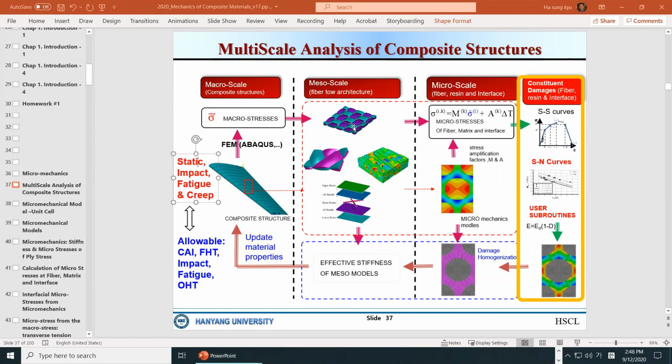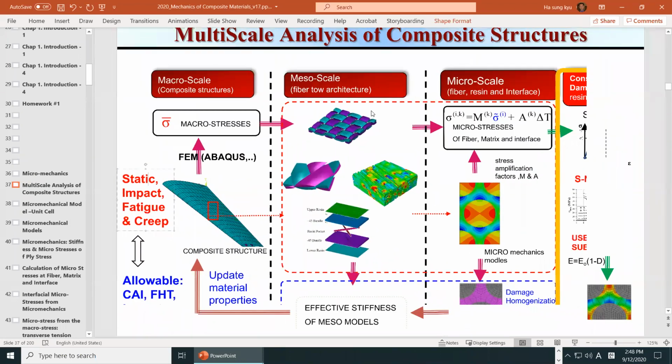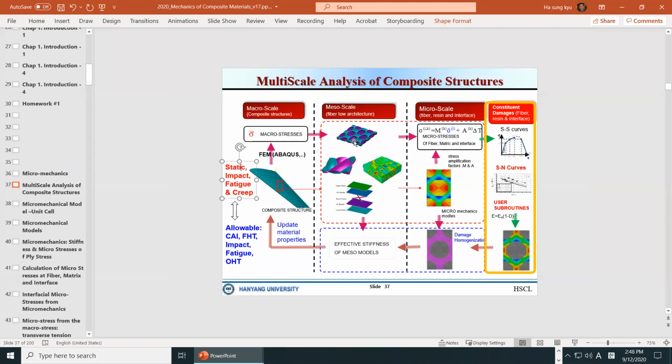This is called the mesoscale, and the microscale is just one fiber. Then we can get the stresses at the fiber and matrix, and now we have a stress-strain relationship of the fiber and resin. We can apply a material property for each constituent, matrix and fibers, such as the SN curve, such as the stress-strain relations.